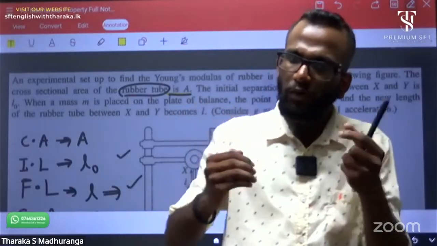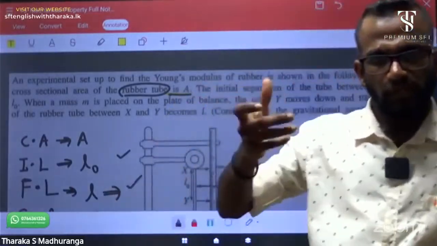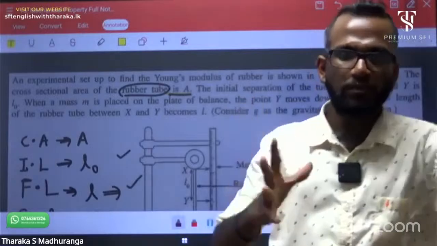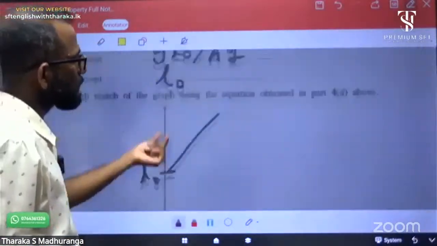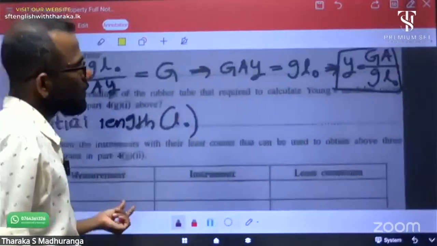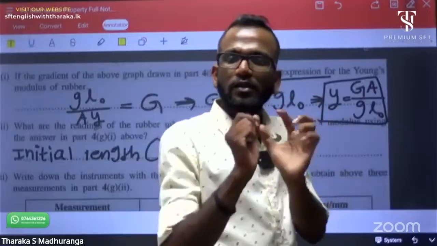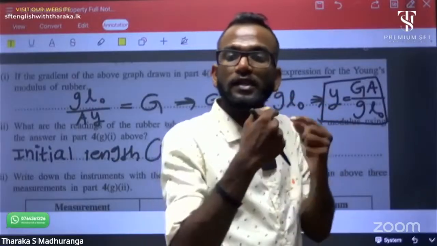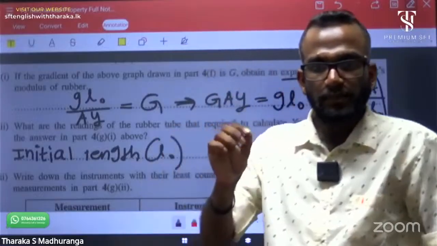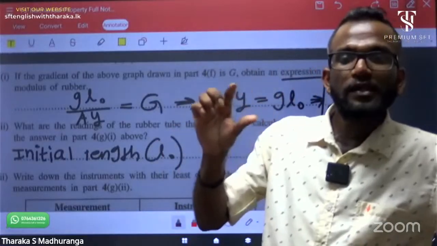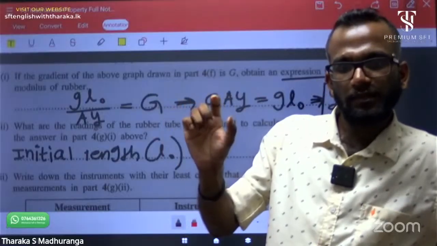Is it hollow or completely filled with solid? A tube is hollow. To get the cross section area, what are the data required? Internal diameter and external diameter.